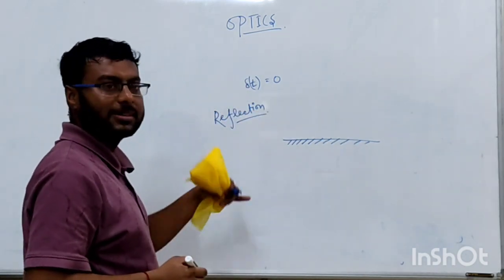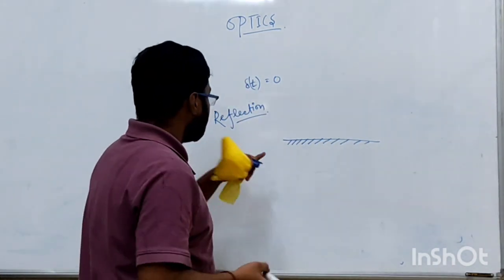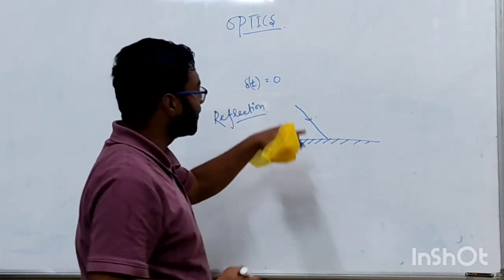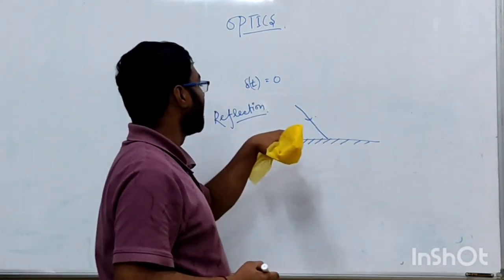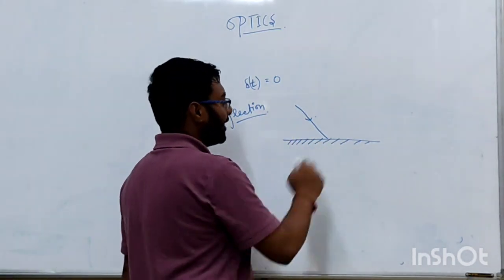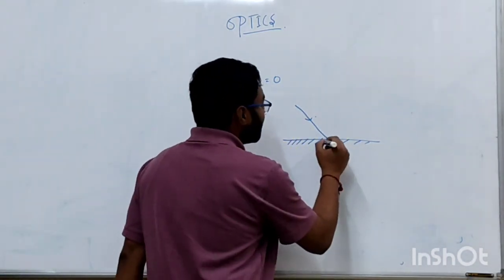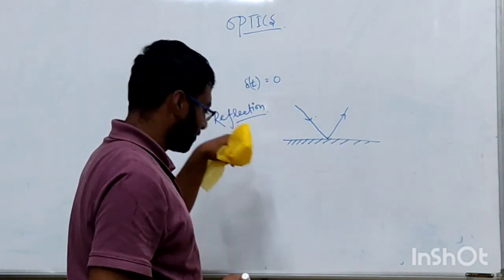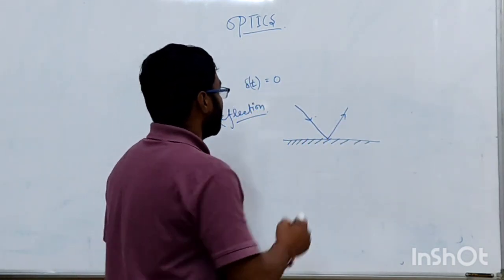So we know what reflection is. If light travels from one medium to another medium and falls on the interface between the two media, and then the light again goes back to the first medium, this phenomenon is called reflection.